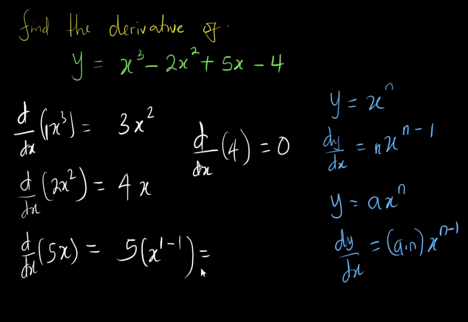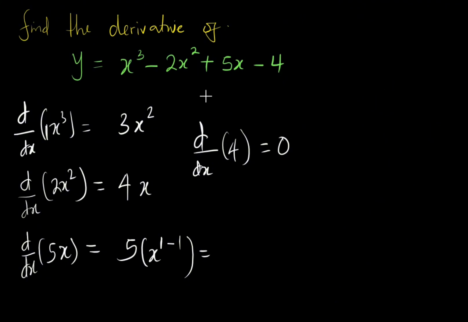The next thing we are going to do is combine all the answers while retaining their signs. How do we do that? Let's remove this. We have x cubed, whose derivative is 3x squared. So we have dy/dx equals 3x squared.